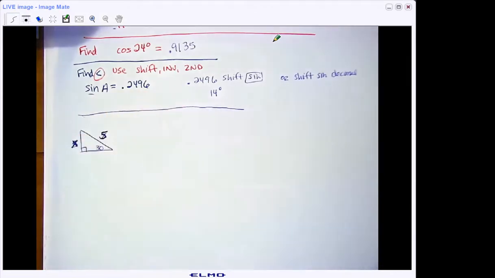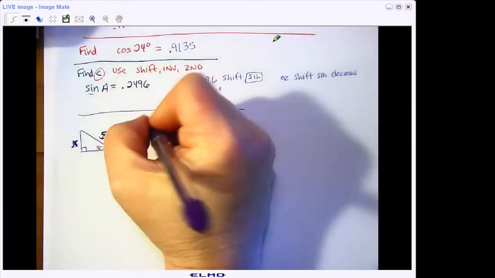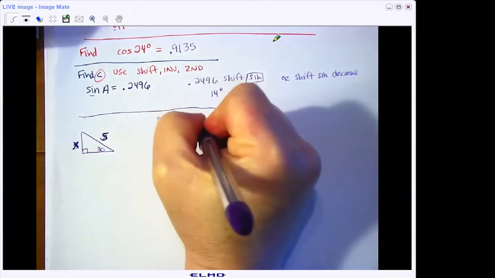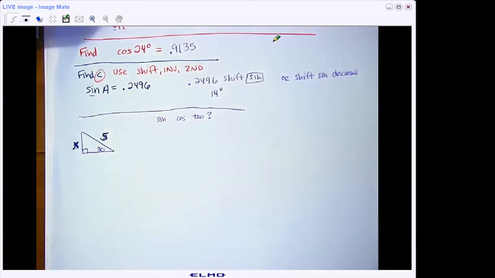Just for my purpose, for the review real quick. Okay, so tell me in the chat box, what trig ratio would you be using? Sine, cosine, or tangent? Put it in the chat box.